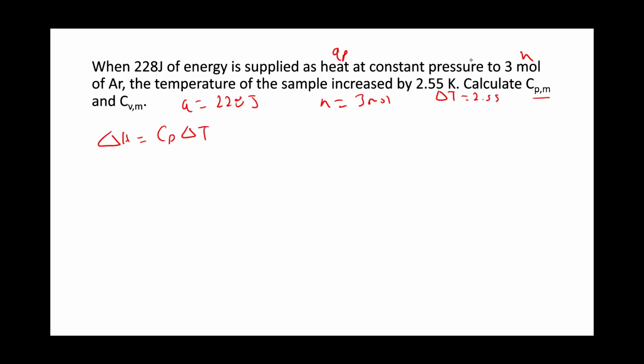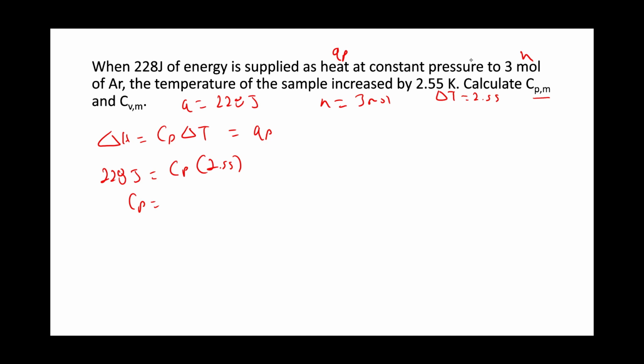Delta H is also the same thing as heat at constant pressure. So our 228 joules, which is the enthalpy and the heat at constant pressure, is equal to Cp times 2.55.